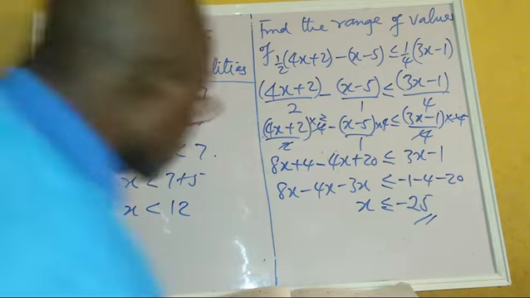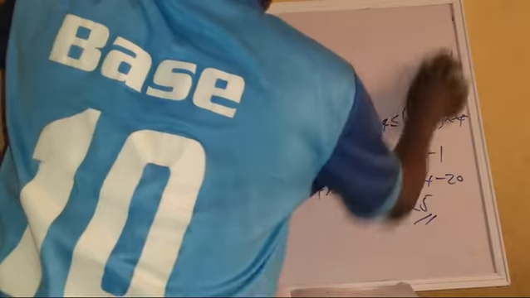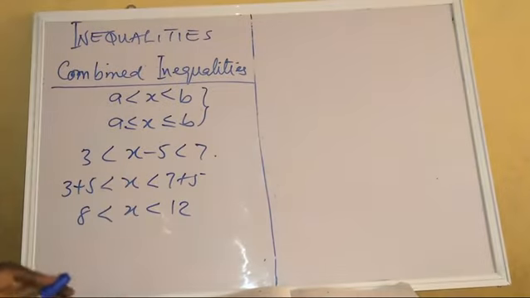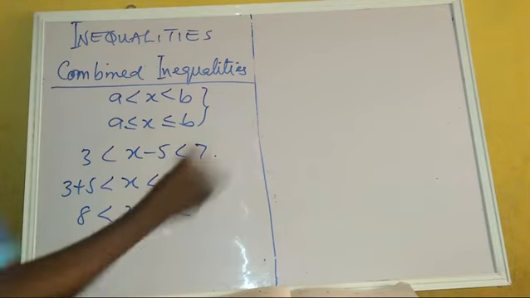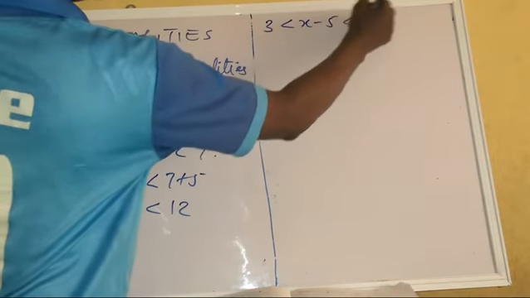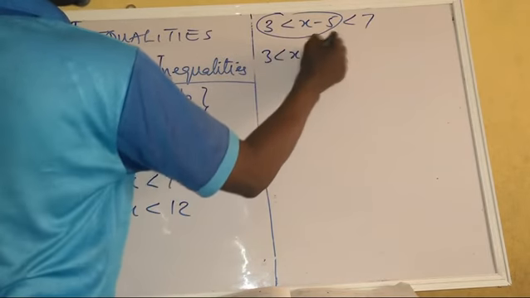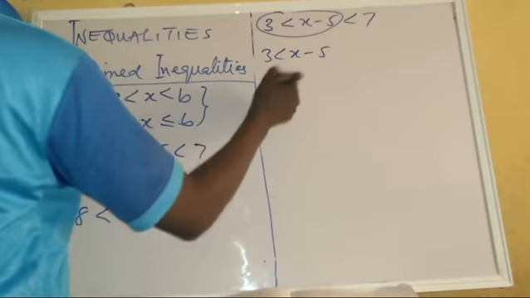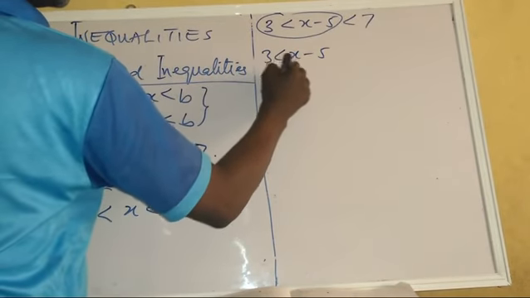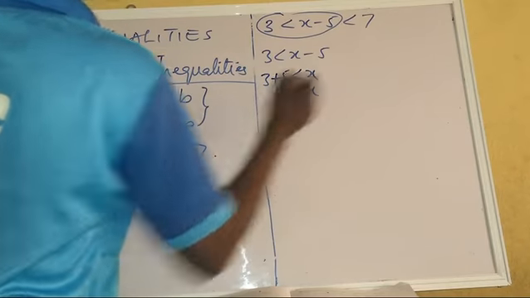So using the alternative method, in case you are given a question that looks complicated, it's still the same way. 3 less than x minus 5 less than 7. You combine these two. That's 3 less than x minus 5. From there we have 3 plus 5 less than x, 8 less than x.